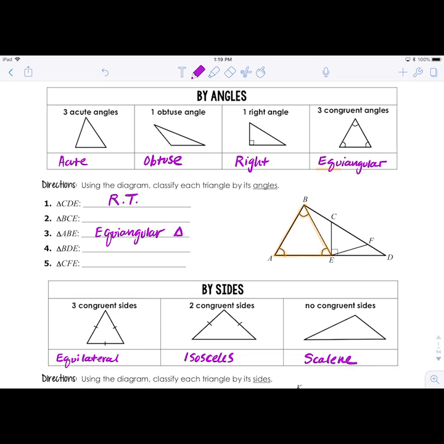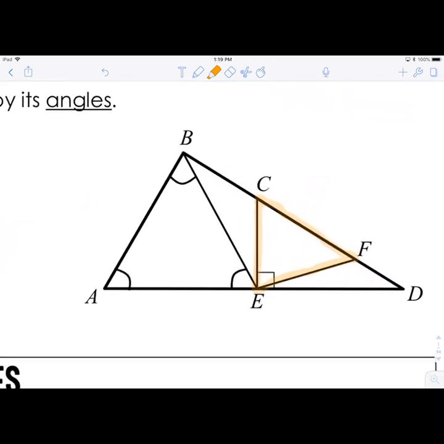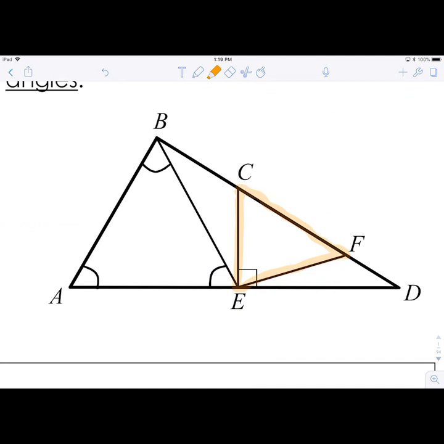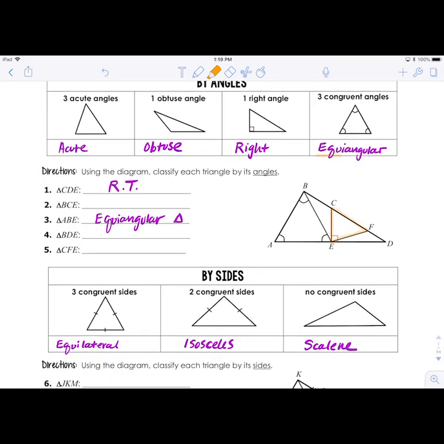And then if we look at triangle CFE, all of those angles are acute, at least by inspection. So this is an acute triangle. Let's try to find an obtuse one, like BCE.